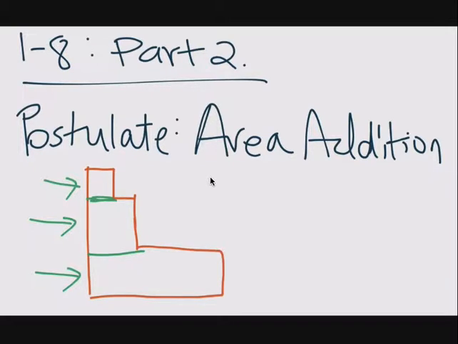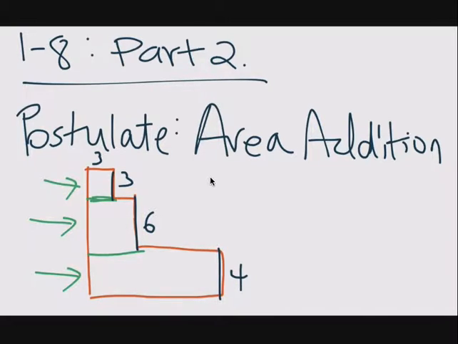So let's say that our measurements that they gave us would look like this. This was 3, and let's say this was also 3, this was 6, and this was 4. So that gives me all of my vertical distances, 3, 6, and 4.